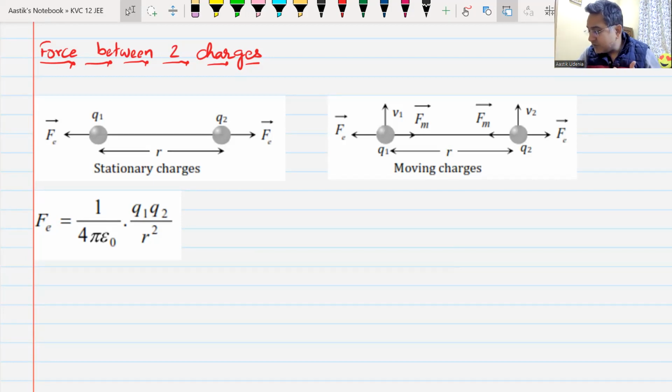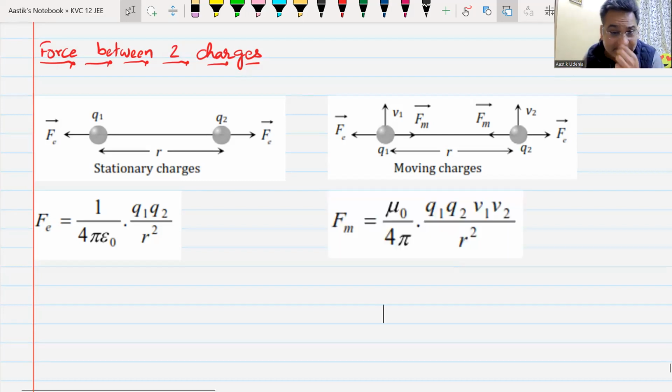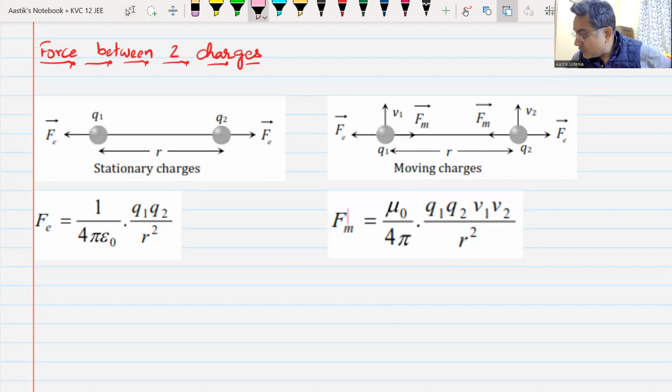You are going to find out the magnetic field created by the first charge, and the force on the second charge. No matter how you do it, you will end up with this answer. Now remember, if the charges are like and moving in the same direction, they will experience attractive force because of magnetic force. Do we see this pink force, which is a magnetic force? It is attractive in nature.